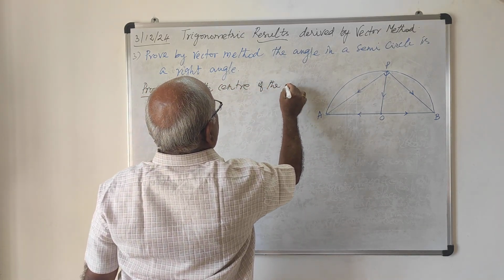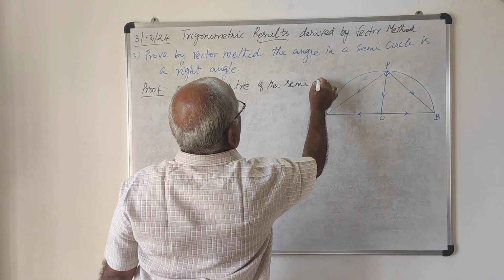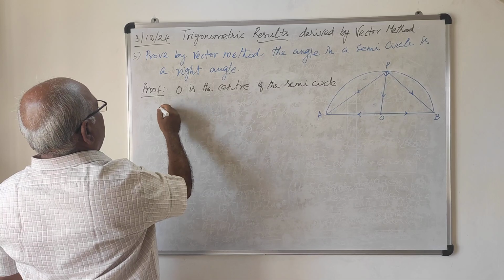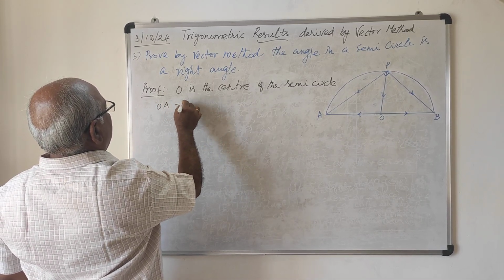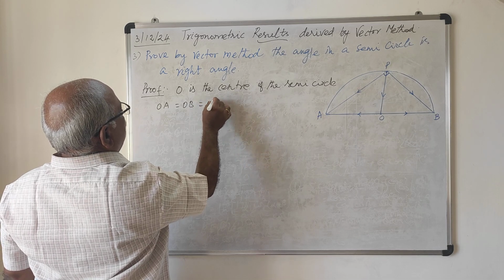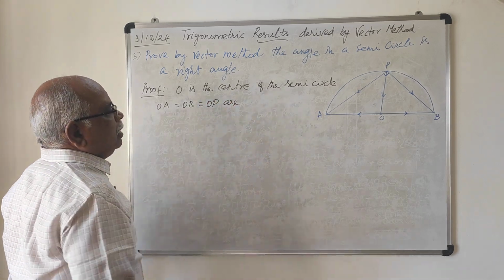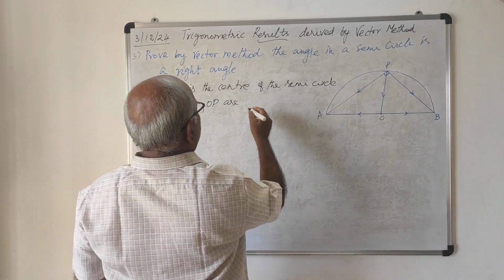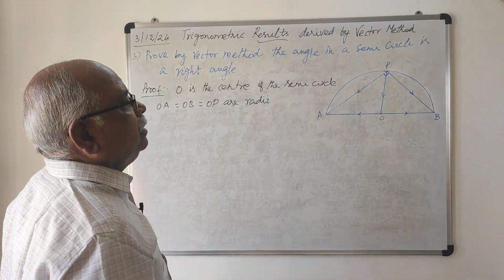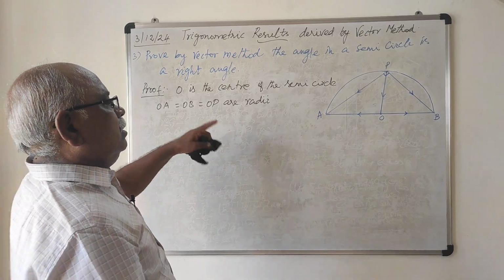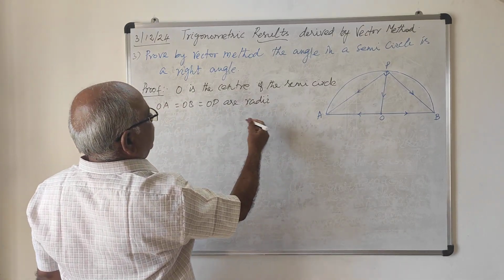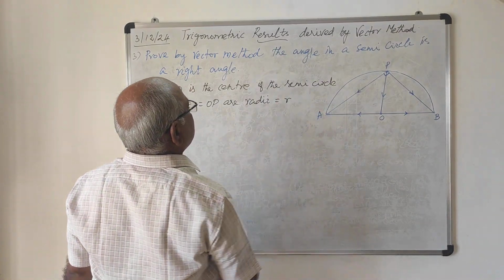OA, OB and OP are radii of the semicircle, which are all equal. All are equal to radius R.